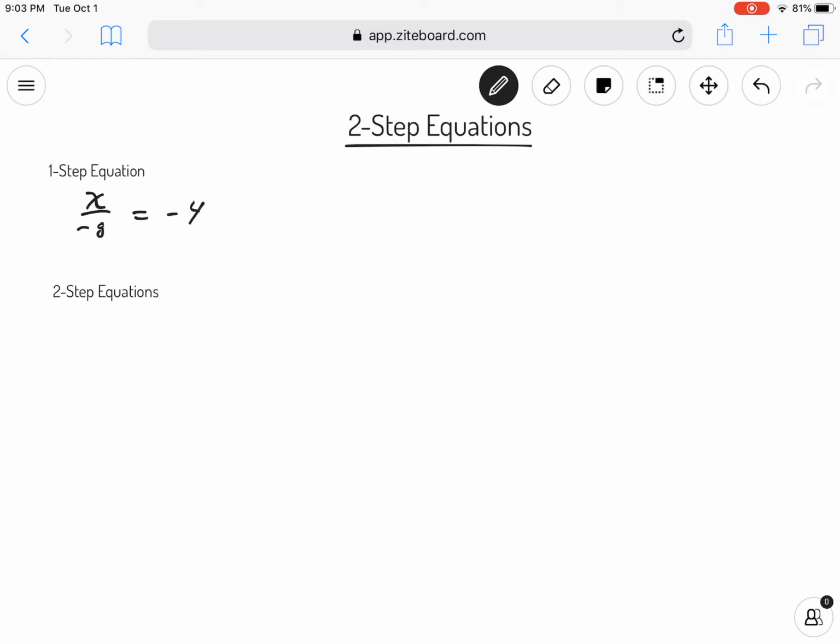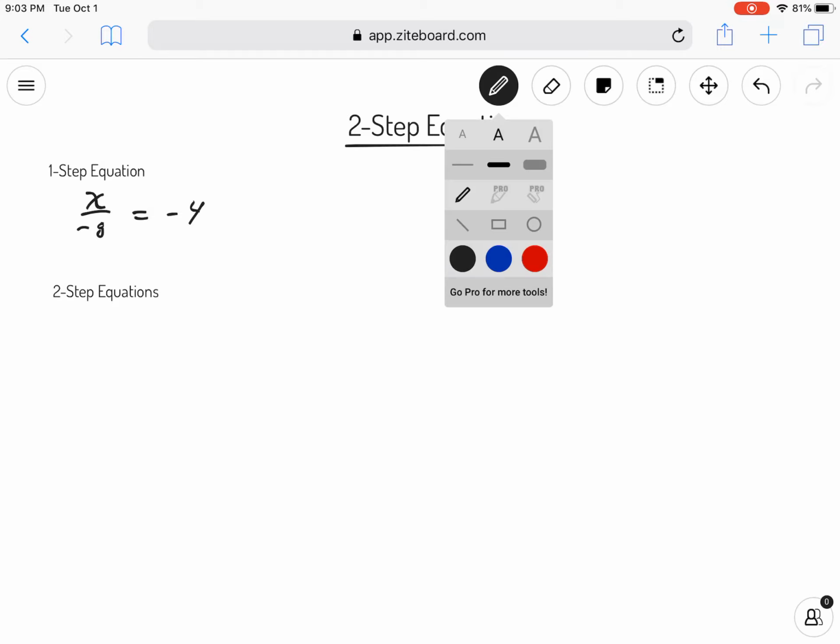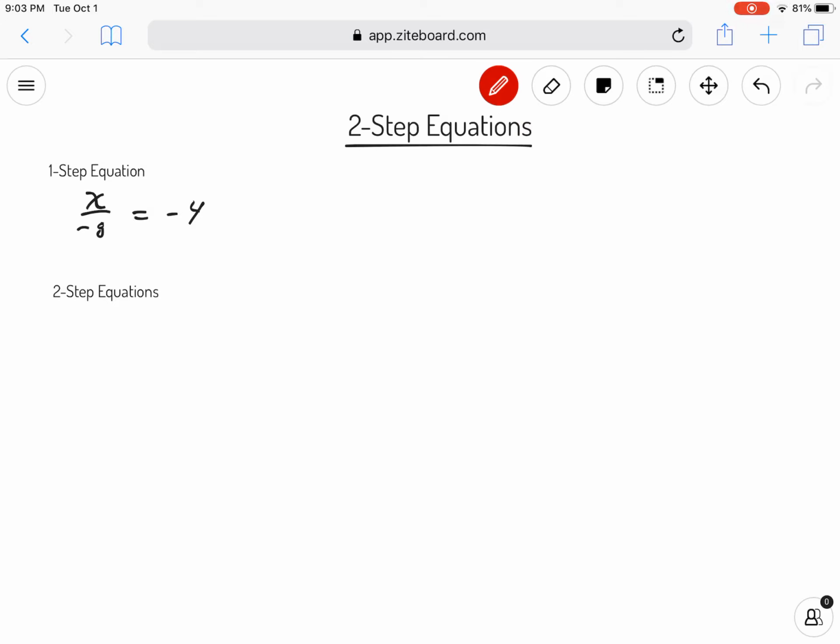Up until now, we've been dealing with basically one-step equations, which meant that we were dealing with one operation, whether it's addition, subtraction, multiplication, or division. Now we want to go and work on two-step equations, but an example of the one-step equation would be x divided by negative 8 equals negative 4.